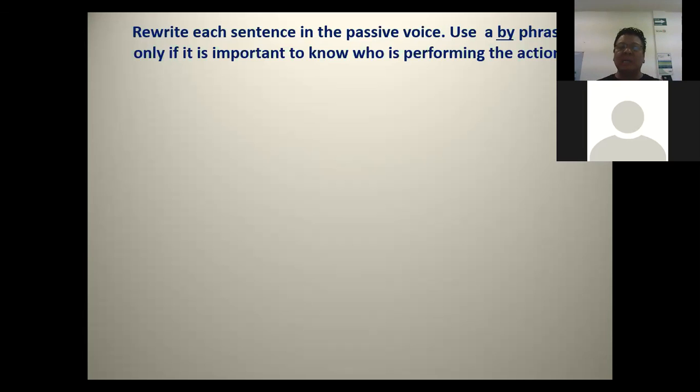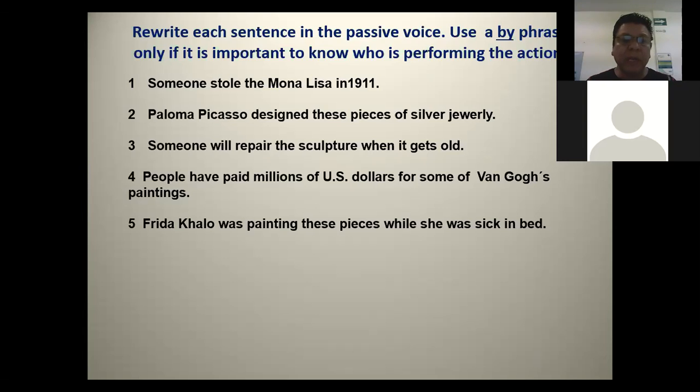Now, yesterday we did a similar exercise using a by phrase or not using the phrase. Look, we have 5 sentences. Please read them carefully because you are going to rewrite them in the passive.